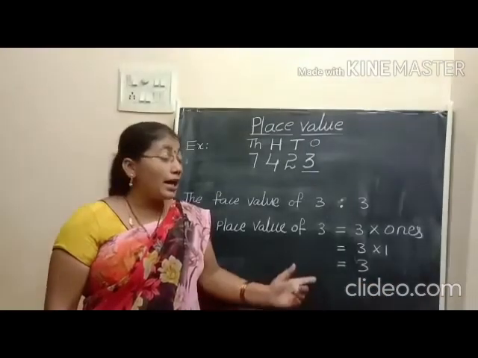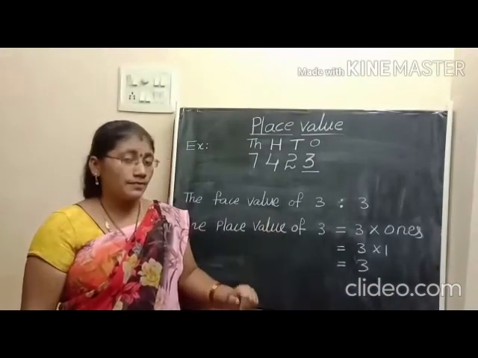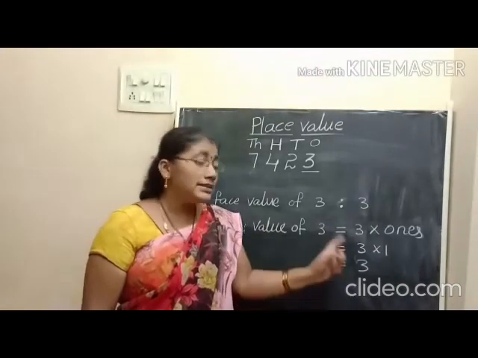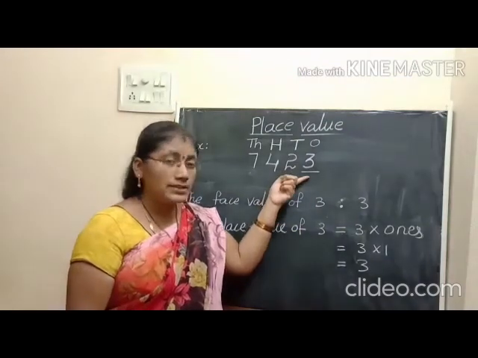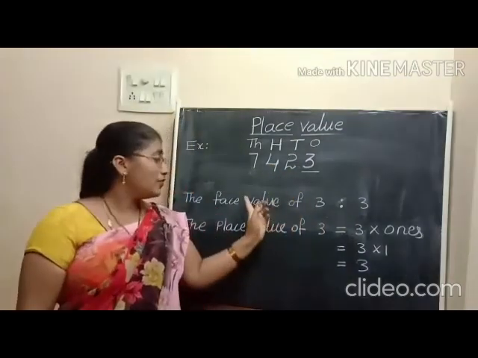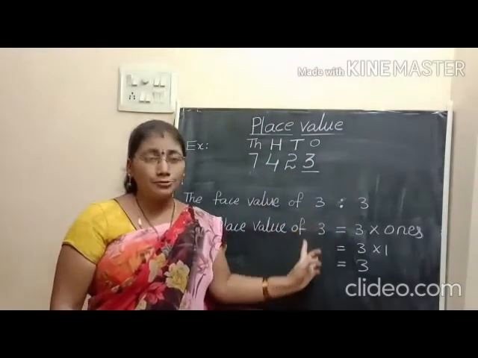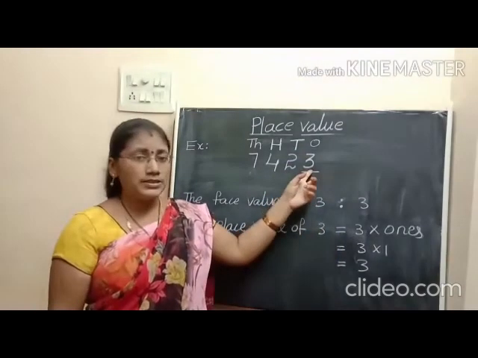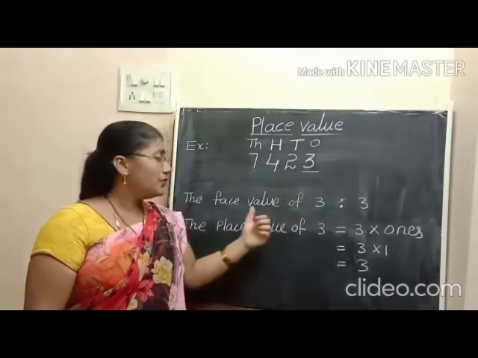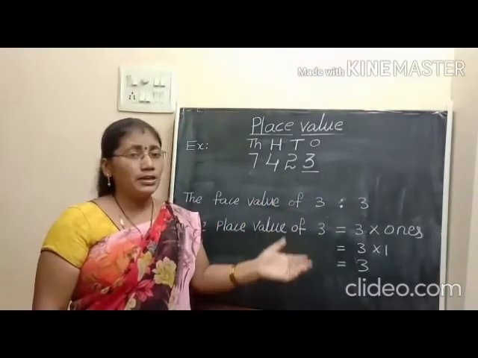Here, we have to observe one thing. The digit which is in ones place has the same face value and place value. If we have 7 in ones place, then also we get the same face value and place value.